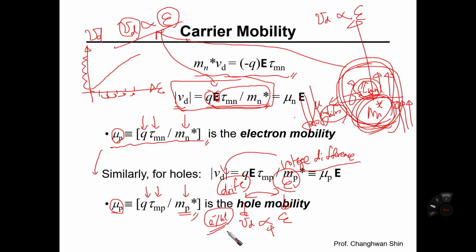We have learned the three primary types of carrier actions. Number one, drift. Number two, diffusion. Number three, recombination-generation. Drift is always closely associated with voltage difference or electric field. So these are all connected with the electric field E through mobility.